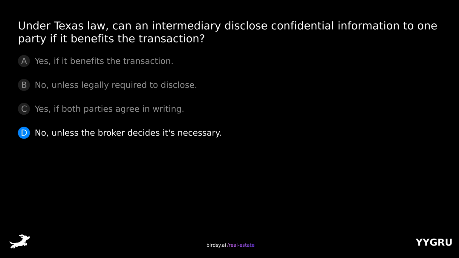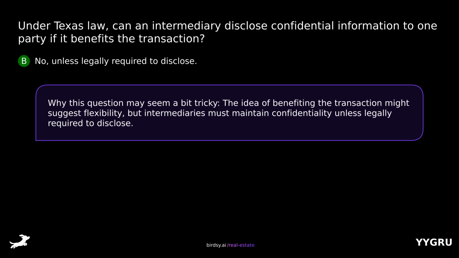Or D, no, unless the broker decides it's necessary? The answer is B, no, unless legally required to disclose. Why this question may seem a bit tricky. The idea of benefiting the transaction might suggest flexibility, but intermediaries must maintain confidentiality unless legally required to disclose.